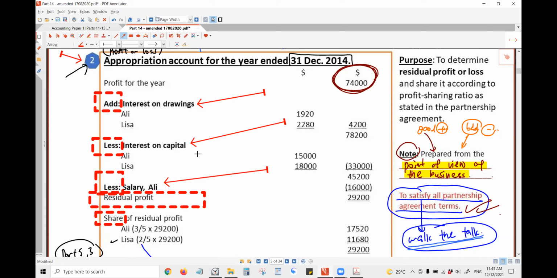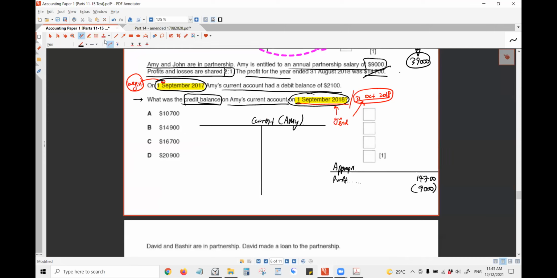So they just show you salary to a partner. Then you do the deduction here. You will get residual profit, R.P., 5,700 is the residual profit.